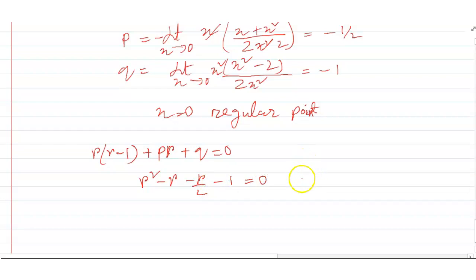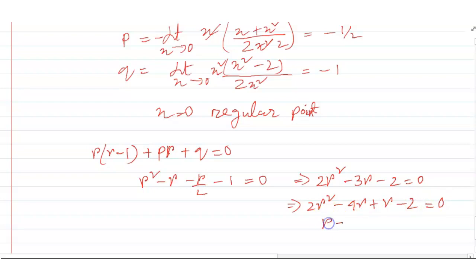And it can be written 2r square minus 3r minus 2 equals to 0, which implies 2r square minus 4r plus r minus 2 equals to 0.